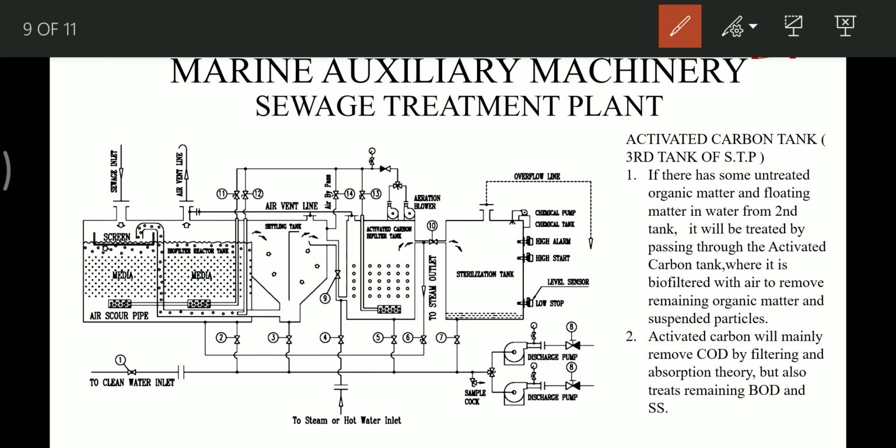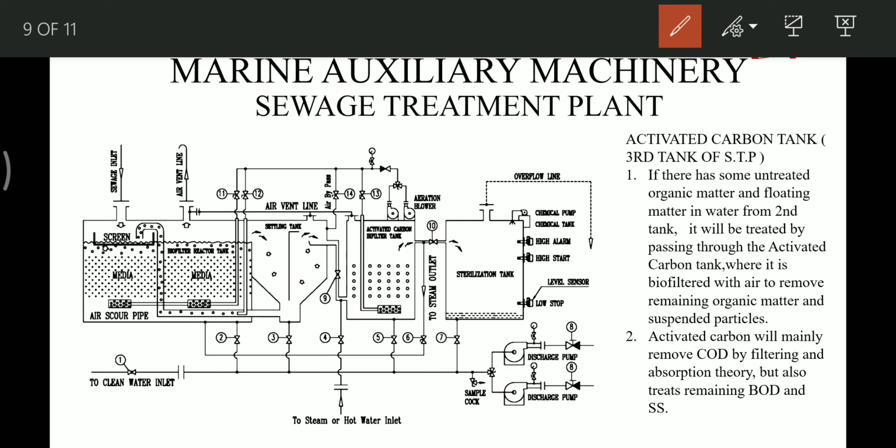Now in the activated carbon tank, if there has been untreated organic matter and floating matter in the water from the second tank, it will be treated by passing through the activated carbon tank, where it is biofiltered with the air to remove the remaining organic matter and suspended particles. So basically in this tank, the remaining organic matter and suspended particles are removed with the help of activated carbon.